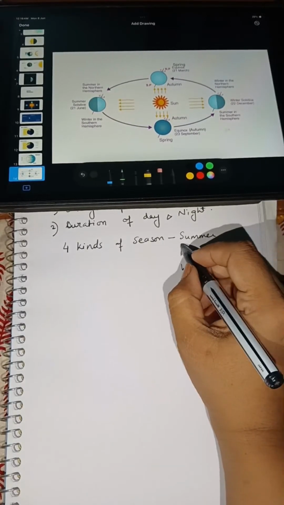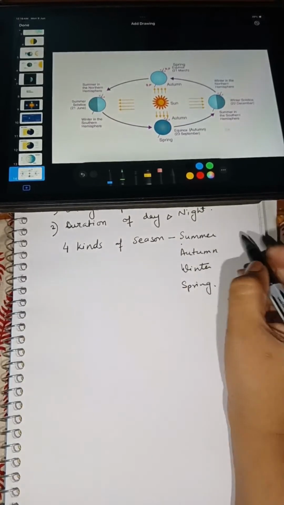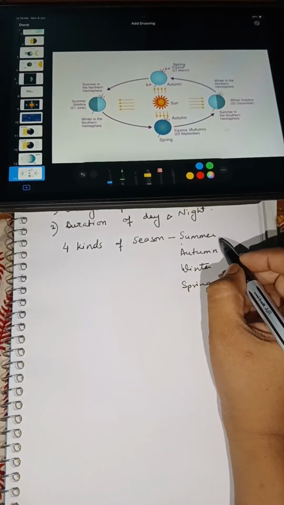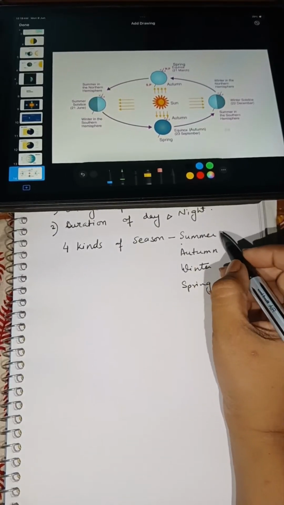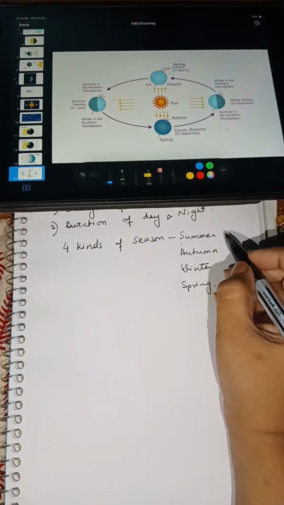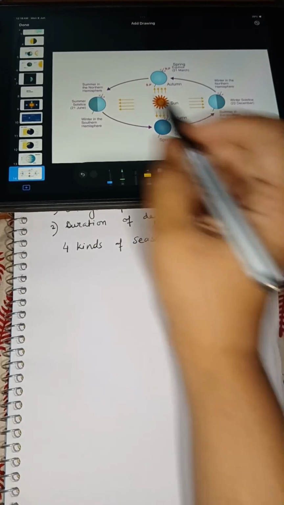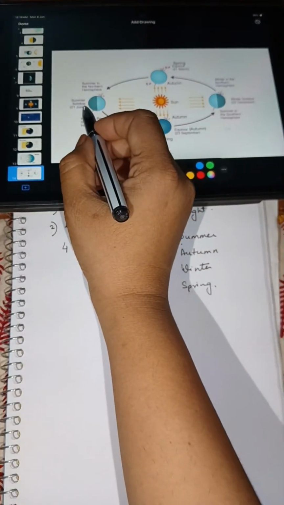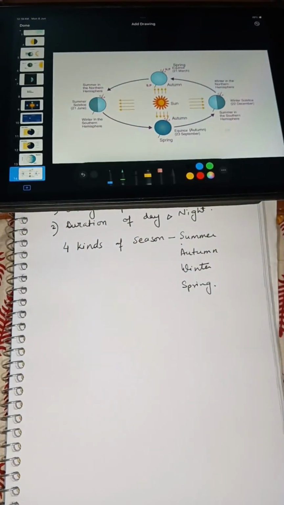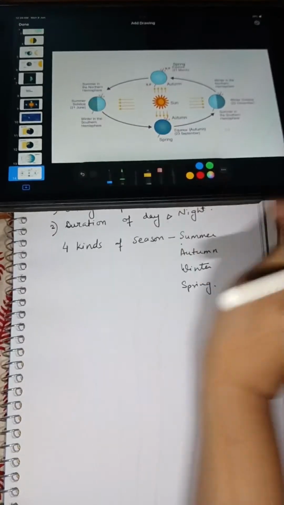Now, a particular day in summer is called the summer solstice. That is what we get on 21st of June. Here you can see that is the summer solstice, 25th of June, you can have this date.